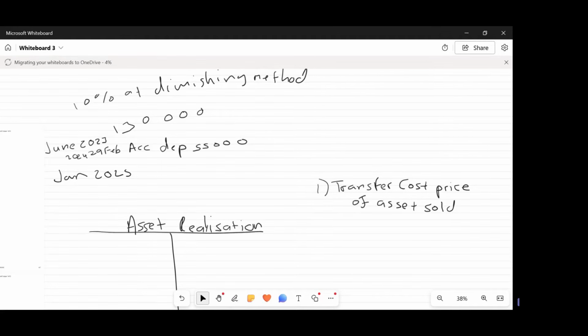Let's say it was a vehicle. In our company, we had vehicles to the amount of 500,000, just for argument's sake. And now we sell one asset which was worth 130,000, which means, do we still have 500,000 worth of vehicles in our account, or is it going to decrease?